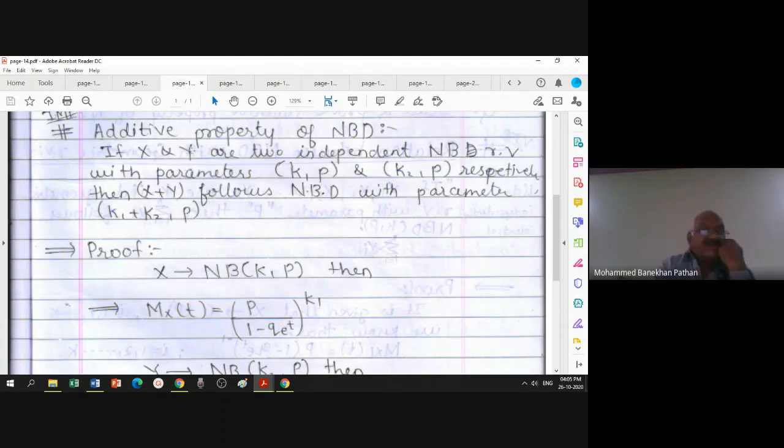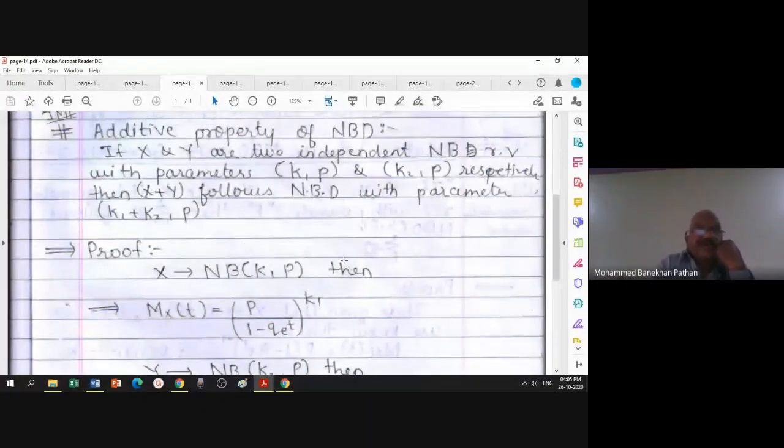So this is the statement which is called the additive property of NBD. Sometimes it is also named the reproductive property of NBD.